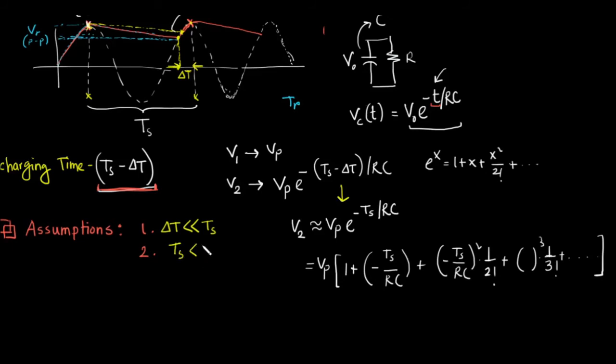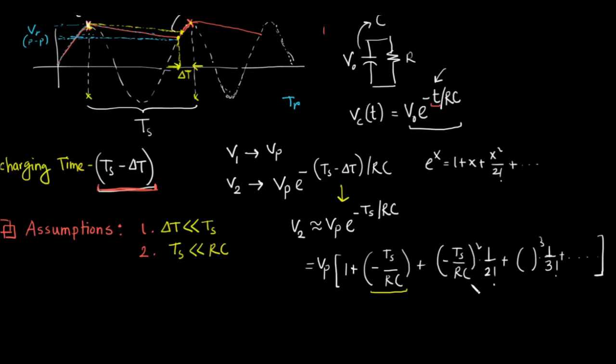If Ts is very small compared to RC, then all these terms in the brackets are going to be very small. Ts by RC is a very small term, and if we square that small term, it will be even smaller.